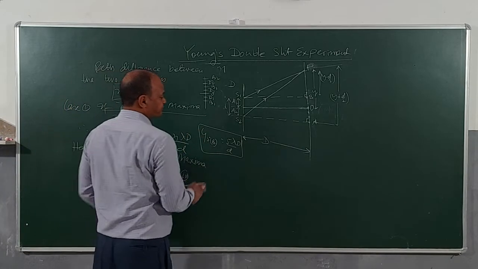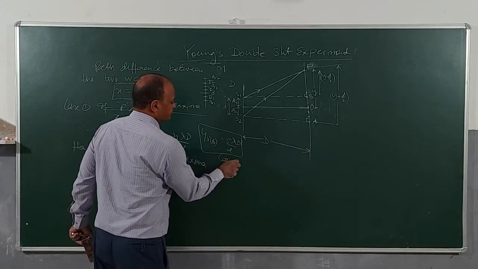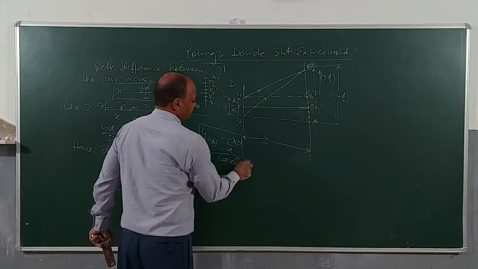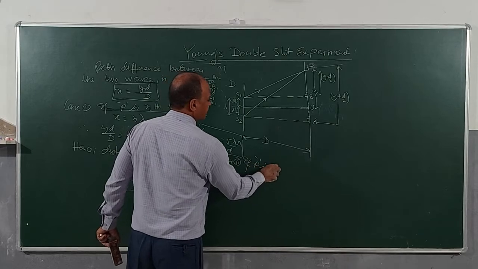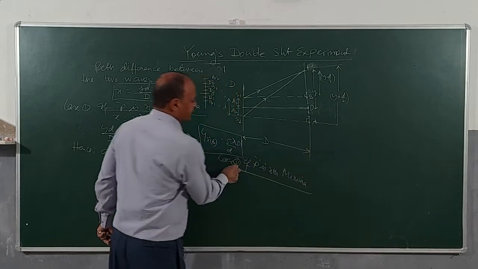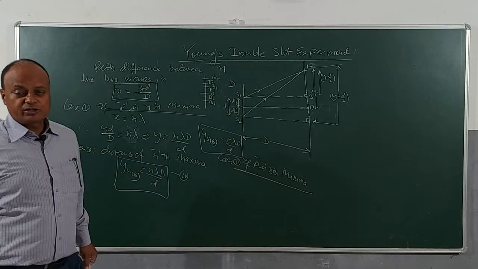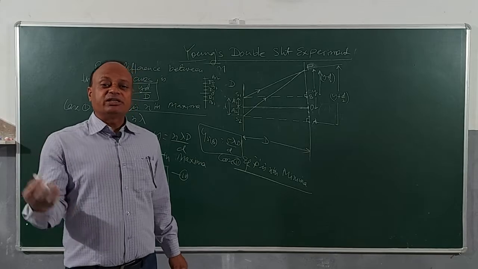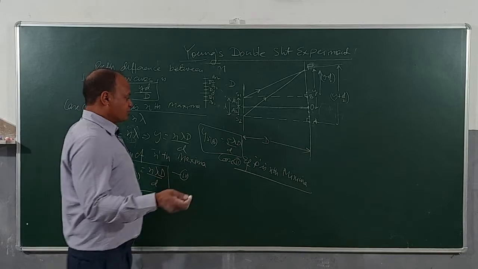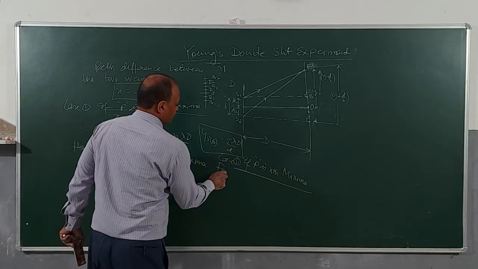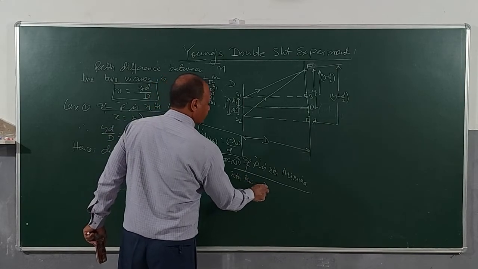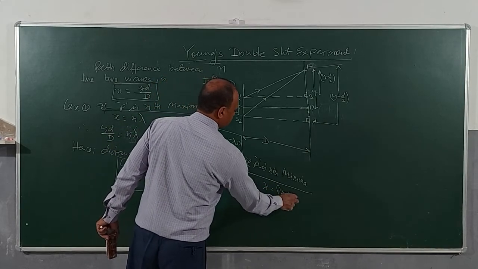Now case 2 we will see. If P is nth minima. Nth minima means nth dark fringe or dark spot. Like I can say, what is the distance of the 7th minimum? So n will be 7, right? Minimum means a dark spot. So we know for nth minima, the path difference is (2n minus 1) into lambda by 2.